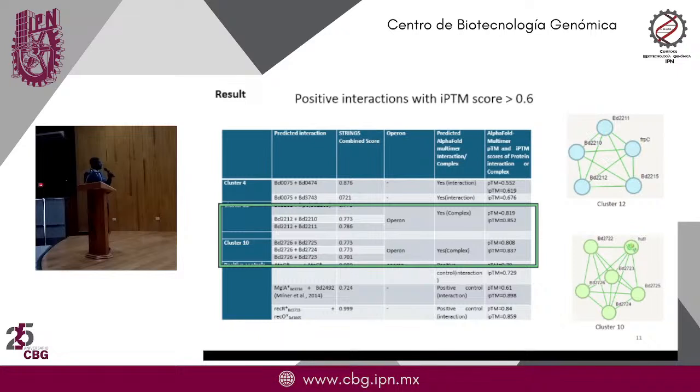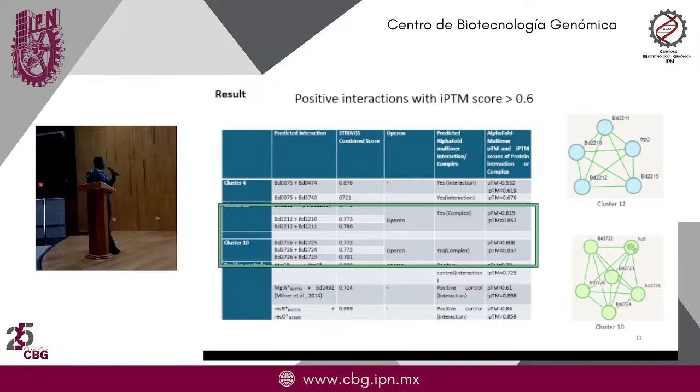So here we found that in cluster 4, we had 2 positive interactions. We checked a lot, and a lot of them were negative, but we found 2 positives. And in cluster 12 and cluster 10, which are shown here, we also found positive interactions. But the interesting thing about cluster 12 and cluster 10 was that they were in an operon, like I said, and they also formed a complex, which we were not expecting at all.